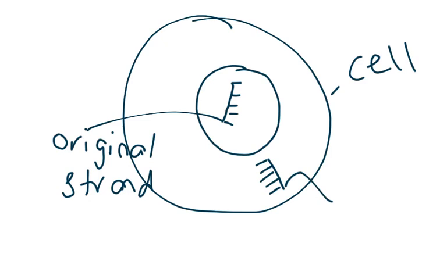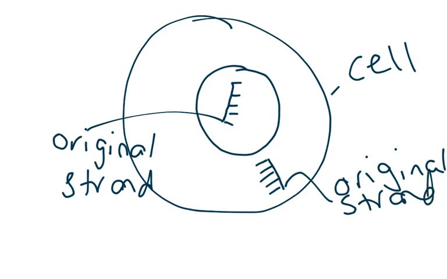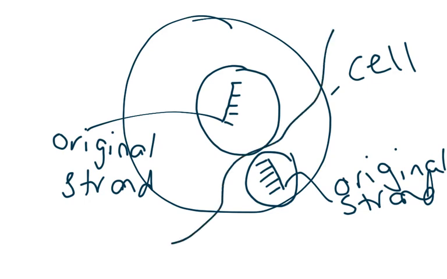So this is also an original strand. Now, during this process, we get a new nucleus that starts to form around there, the cell divides, and we end up with the two daughter cells. That's cell 1, and this is cell 2. Each of those cells contain an original strand of DNA that has the exact same information.